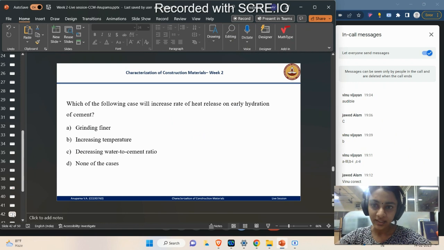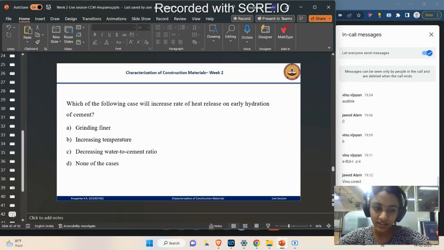Which of the following case will increase the rate of heat release on early hydration of cement? Grinding finer, increasing the temperature, decreasing the water to cement ratio, or none of the cases.